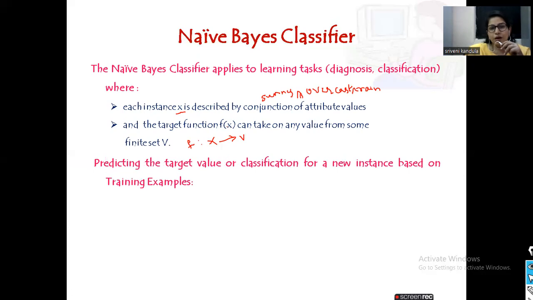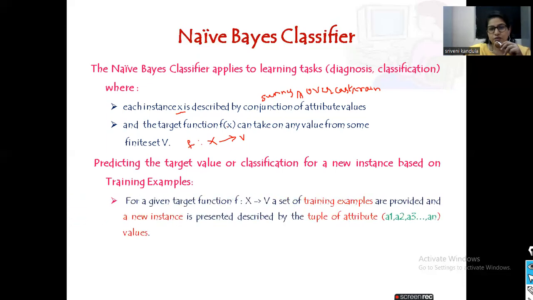Now, how do we predict the target value? Predicting is nothing but classifying a new instance based on the training examples, for a given target function f from X to V. A set of training examples is already provided, so you are already training the classifier with these examples.